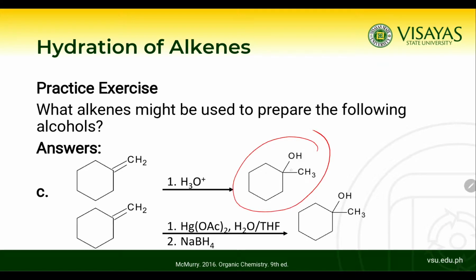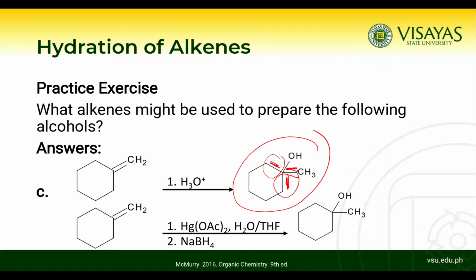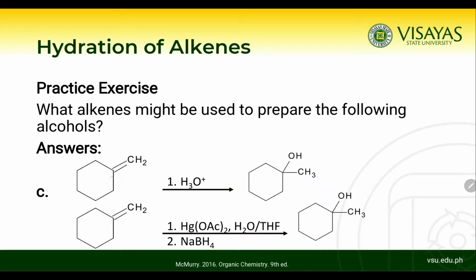Okay? So, for letter C, this is the product given. We can have the double bond between the two carbon atoms here, or here, or there, no? Actually, those two are the same, no? So, we can have two starting alkenes to produce this certain product. So if we have the carbon double bond here, based on the product, the OH is attached here.